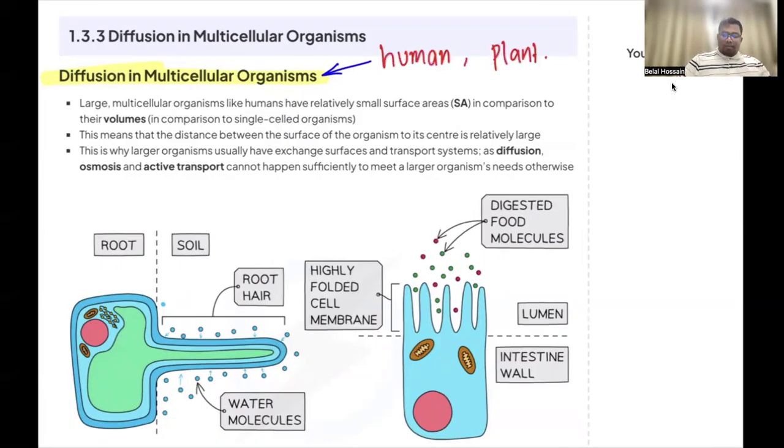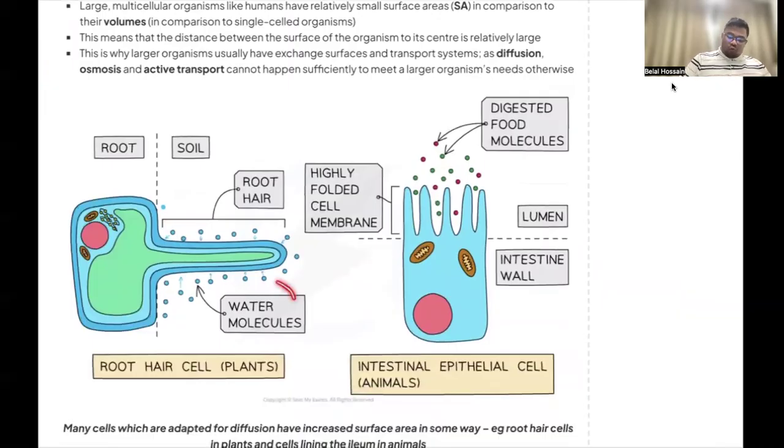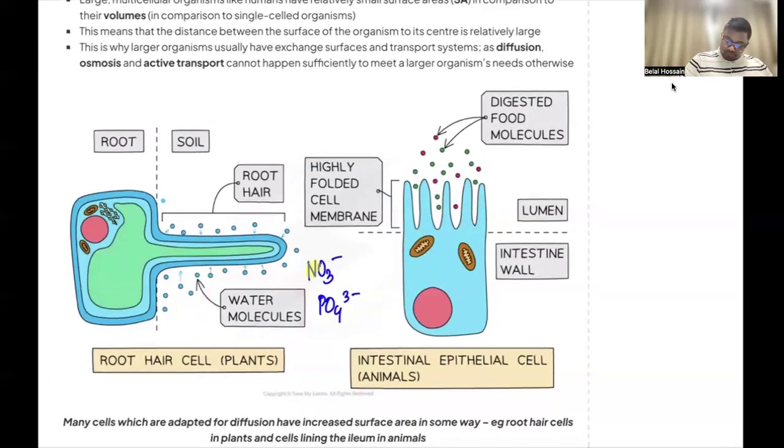For example, a plant needs a lot of water. Along with the water, the plant requires nitrate, phosphate, or things like sulfate.